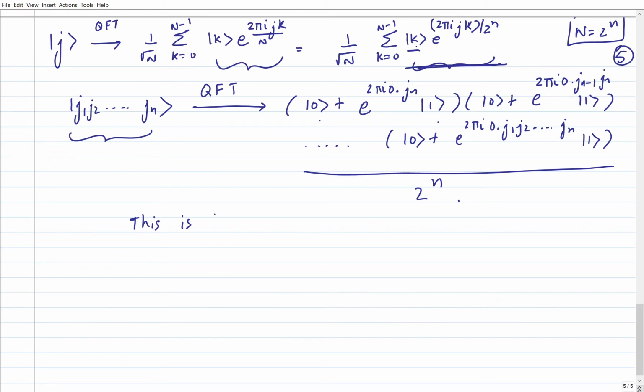This is a very useful way of seeing this stuff. Well, you can take it to be the definition of QFT.